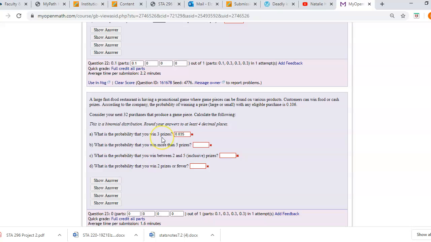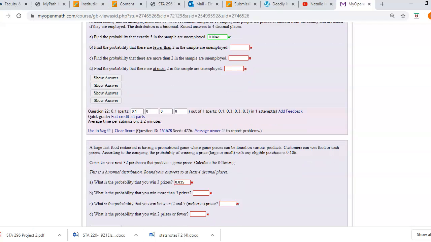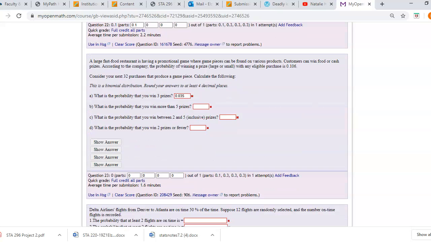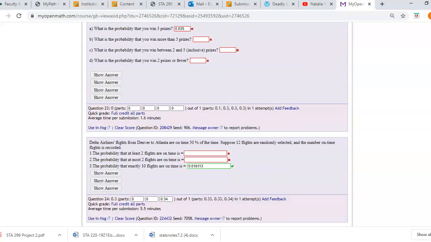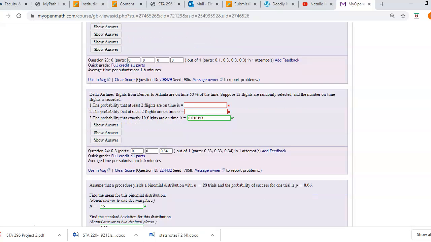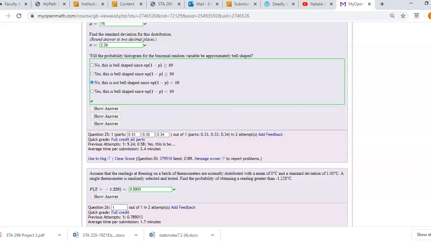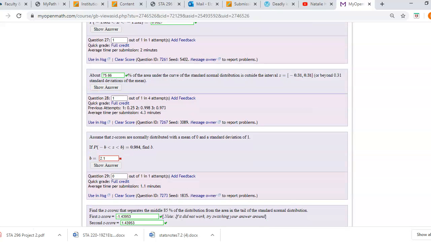For the probability that you win exactly 3, you're going to put in the probability of X equals 3, and then the probability that X equals 2, and subtract them. And I think that will take care of those. Same sort of problem in your next one as well.